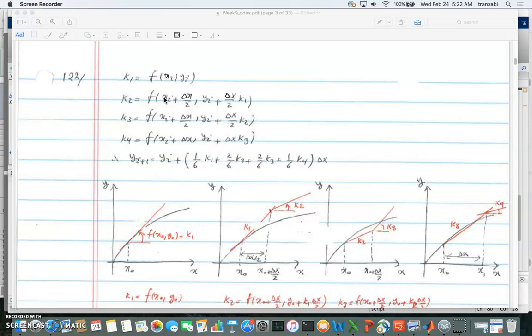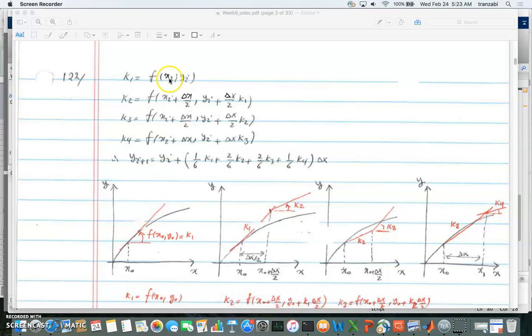And we have to get the weighted average of the 4 k values to calculate the value of the function for the next delta x, or for the next x step. So we have the 4 k values here, which are evaluated at different x values.